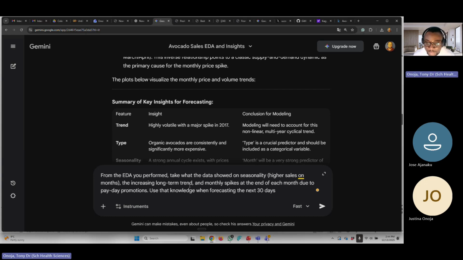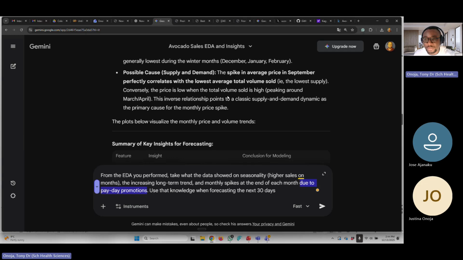The increasing long term. And then at the end of each month, of course, the data didn't really tell us what is okay. The data tells us that the spikes are caused by supply and demand. Okay, so it means this spike is not going to be due to promotion, but supply and demand. Use this knowledge when forecasting for the next 30 days.